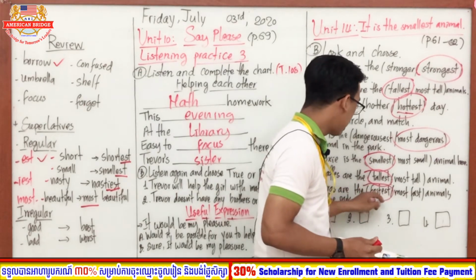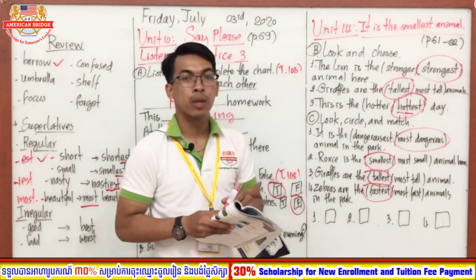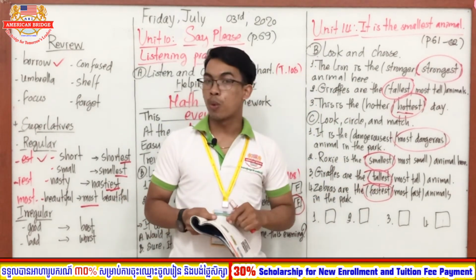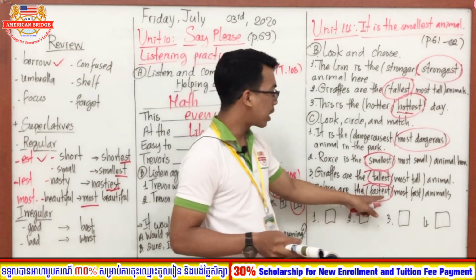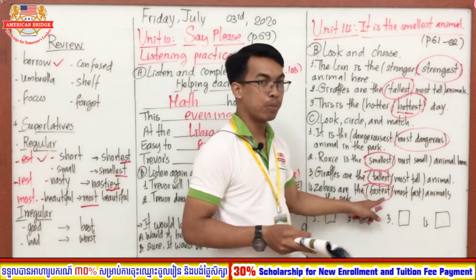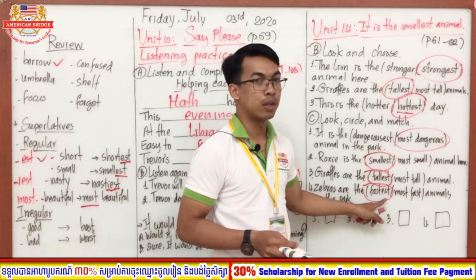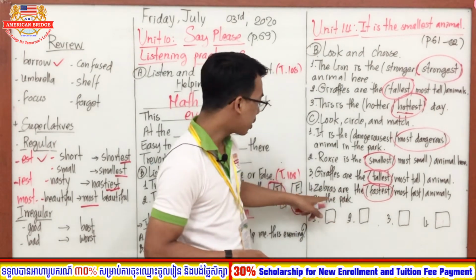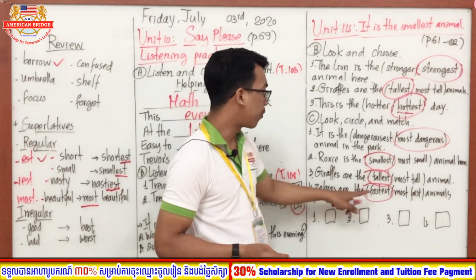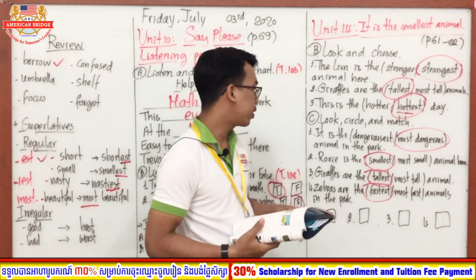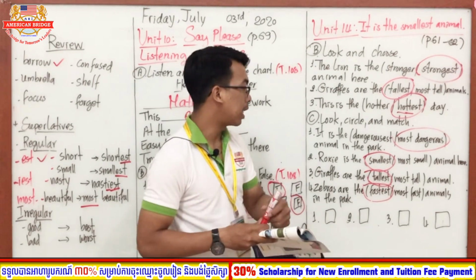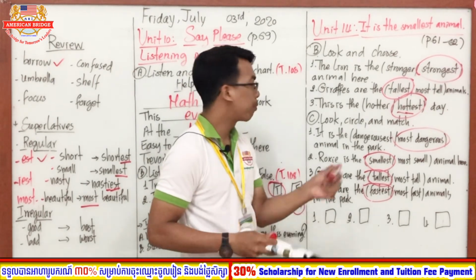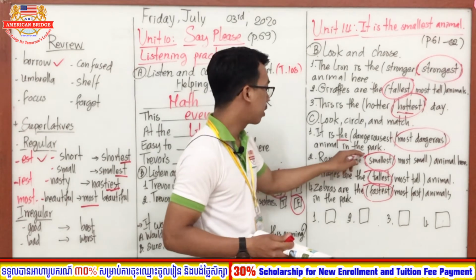Fastest. Why? Because the word fast has only 1 syllable, or we can say it is a short adjective. So we just add est to the last letter. It becomes a superlative adjective. Okay, good. So it is the first one. Good job, everyone.